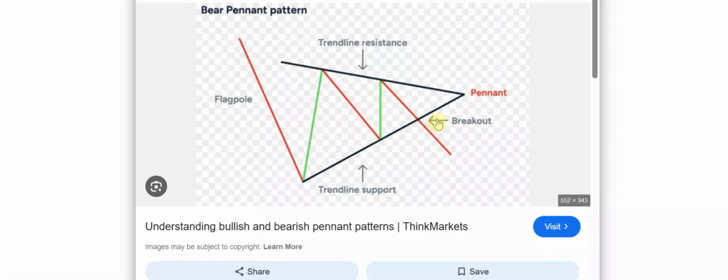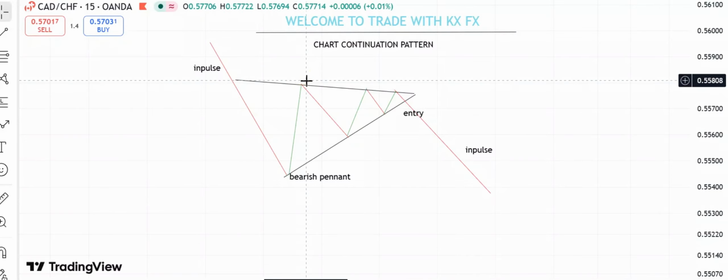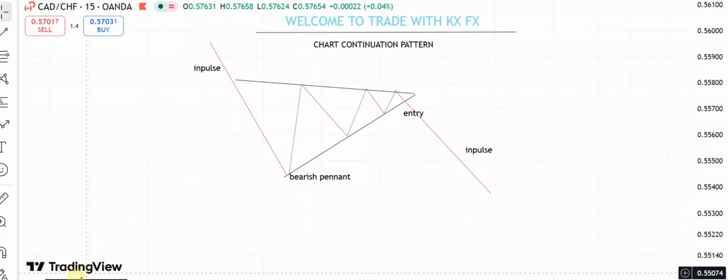You draw your counter trend line, wait for a breakout of this counter trend line, you short. It's going to be a continuation from the previous move here. So wait for breakout, you short. That is very simple.